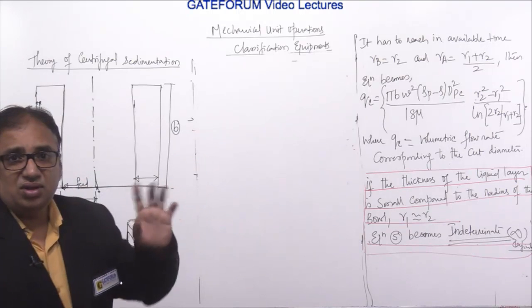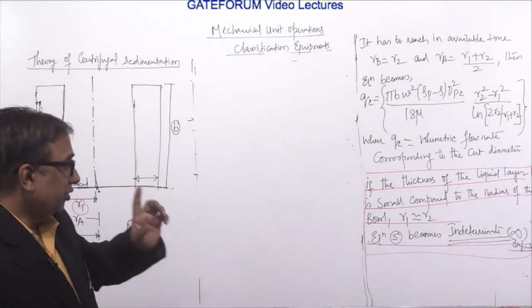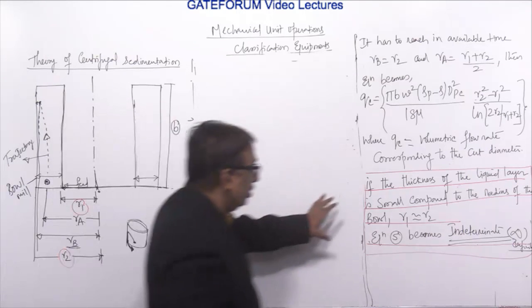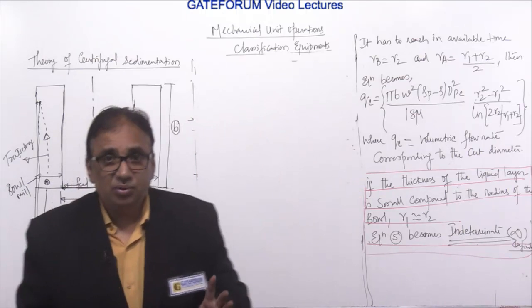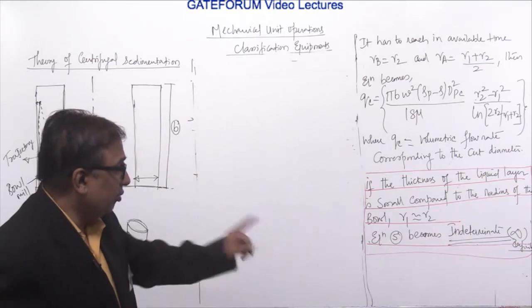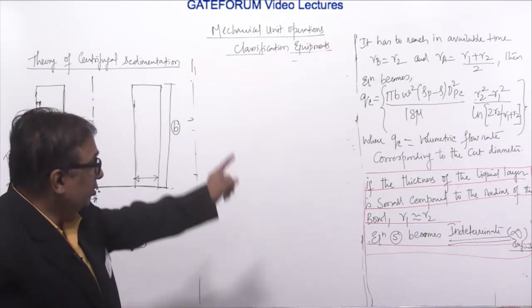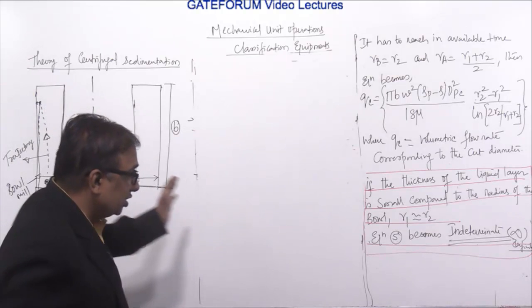The formulas are not that important for the GATE. For the GATE, these particular points are important. For academics, maybe the formulas are important. Now we are coming like a story.